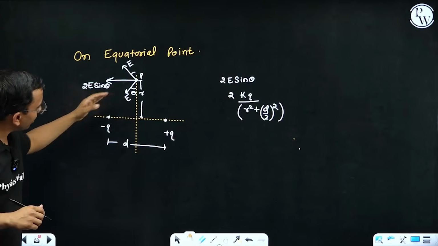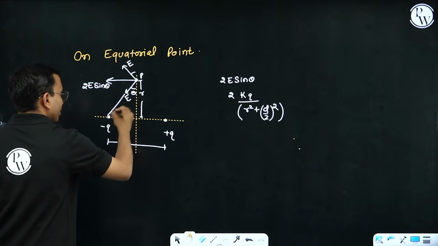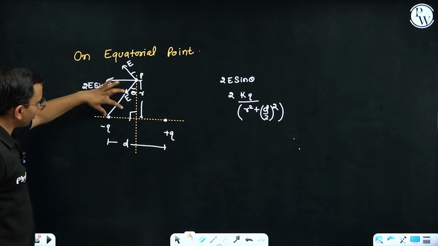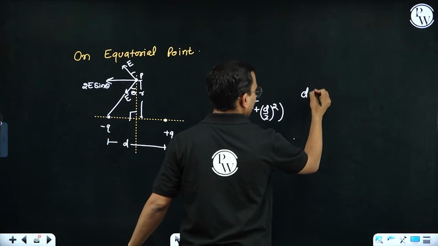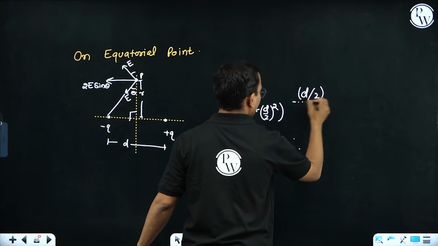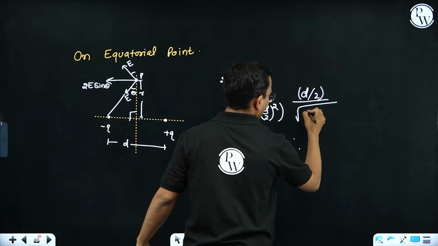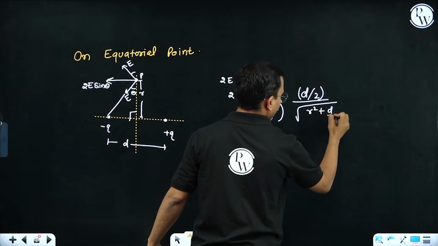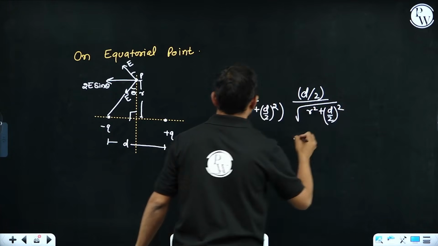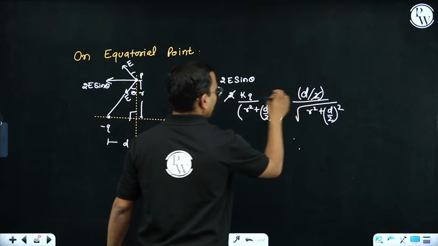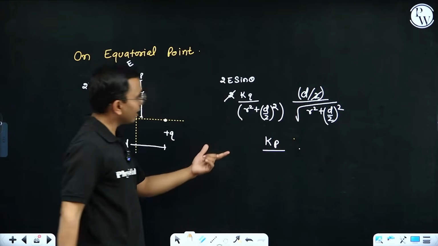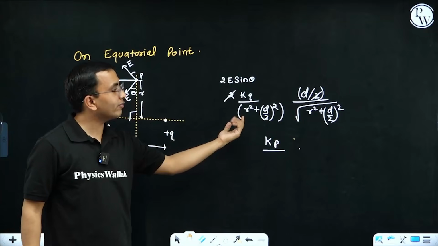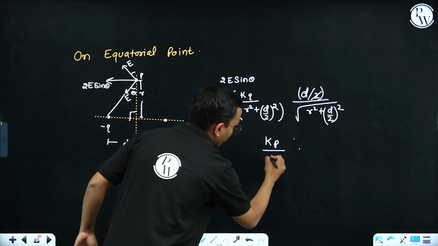If I write sine theta in this right angle triangle, this is theta, so perpendicular d by 2 divided by hypotenuse, r square plus d by 2 whole square, under root. With d by 2, q into d will become p, so kp. Here again d by 2 square I will neglect in front of r square, so this will become r cube.